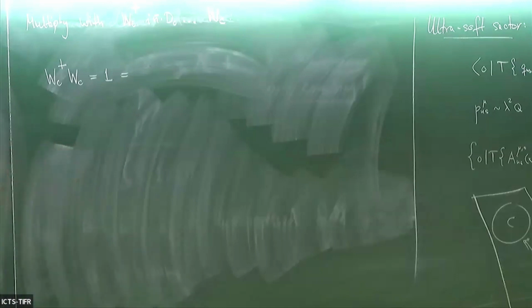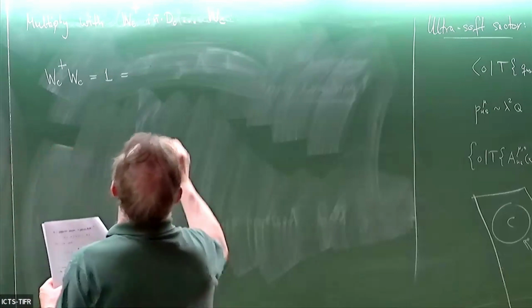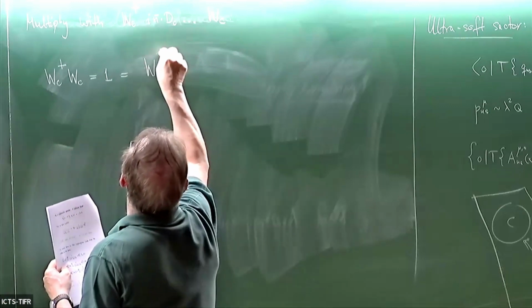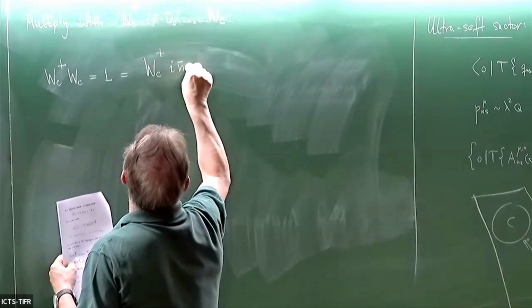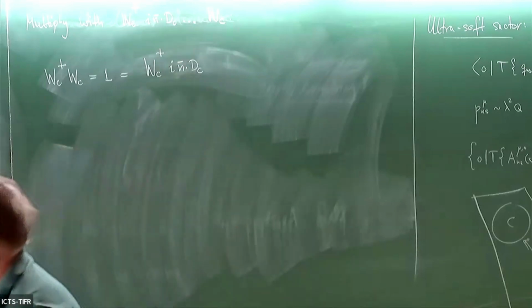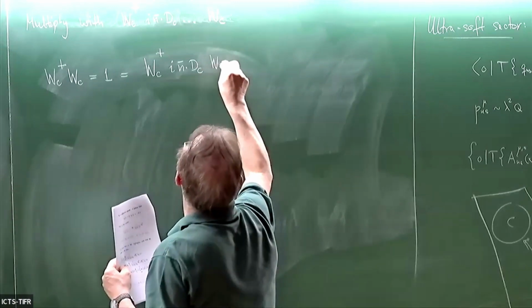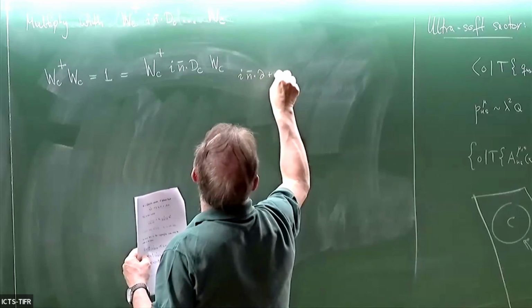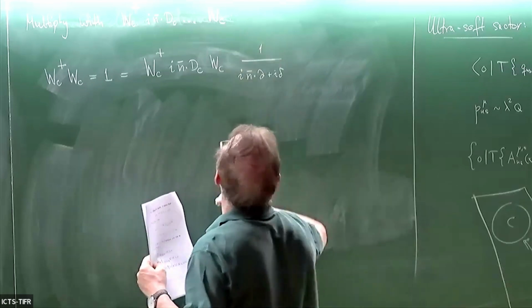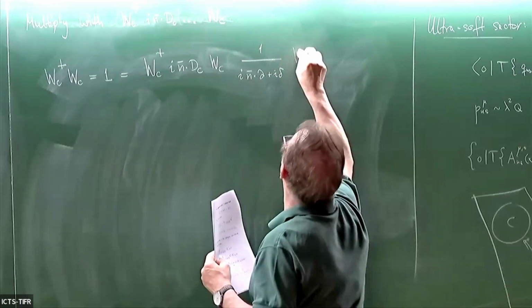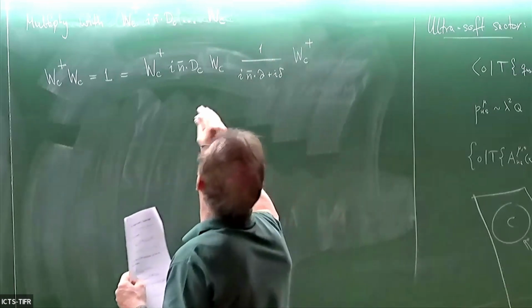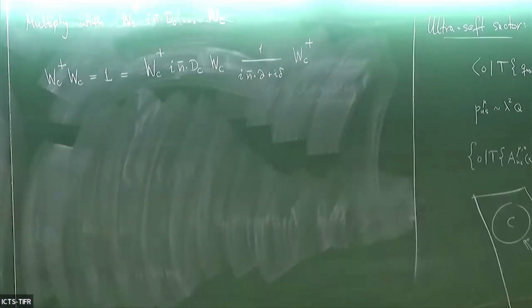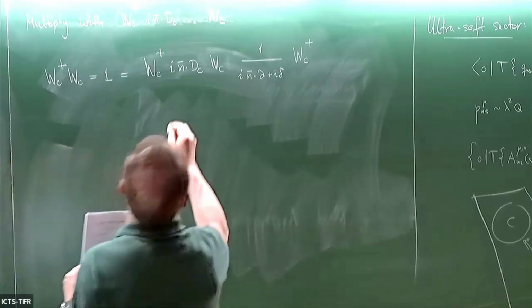On the right-hand side, we get W_C dagger, i n bar dot D_C, then W_C, 1 over i ordinary derivative plus i delta, W_C dagger. Now we use this relation that i n bar dot D W is W times ordinary derivative.